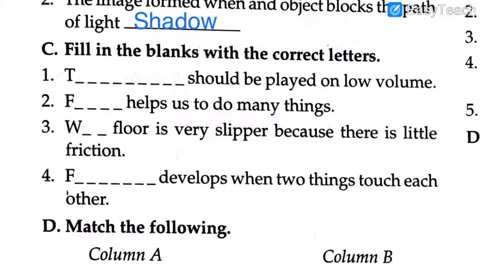Oh no, you cannot say tape recorder. You should count the blanks here. It's 1, 2, 3, 4, 5, 6, 7, 8 and 9. So anyways, the correct answer is TELEVISION. The correct answer is television.